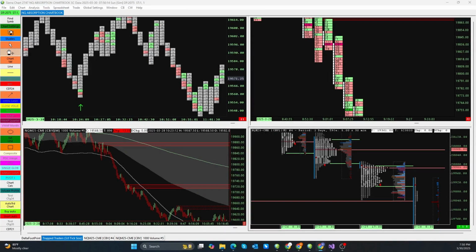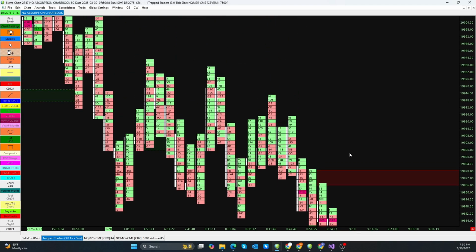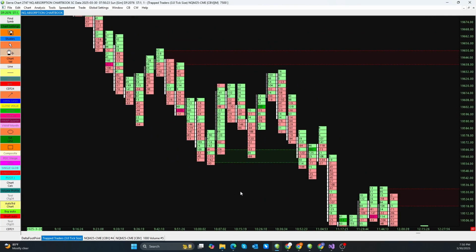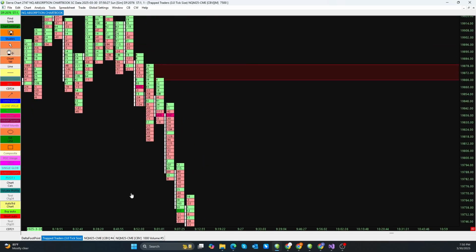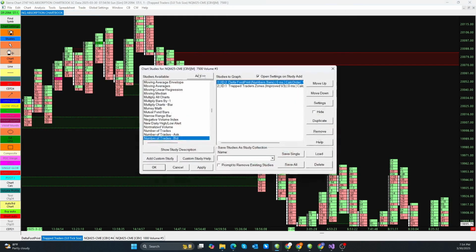Next, let's talk about the trapped trader zones. This is arguably one of our most sophisticated order flow tools we've developed. What we're doing here is algorithmically detecting areas where significant clusters of traders likely initiated positions only to find themselves quickly offside. Similarly, the trapped trader zones offer parameter adjustments.